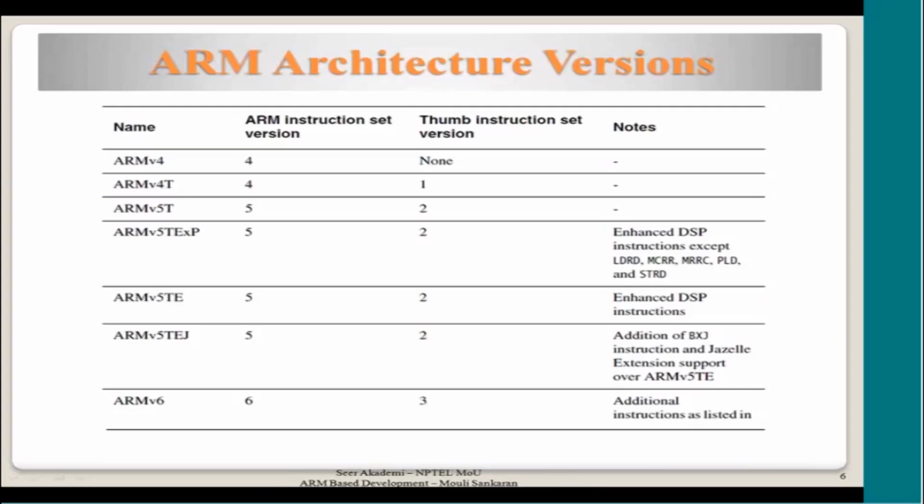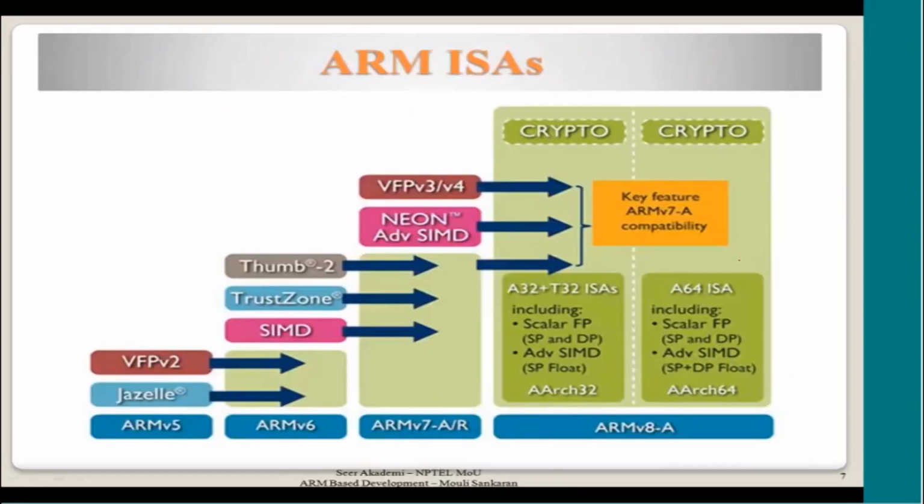These are all different families, and these are the additional DSP and other instructions which are coming to different ISAs. We'll see them in detail. This is a higher level view of how the instruction set architecture has evolved.